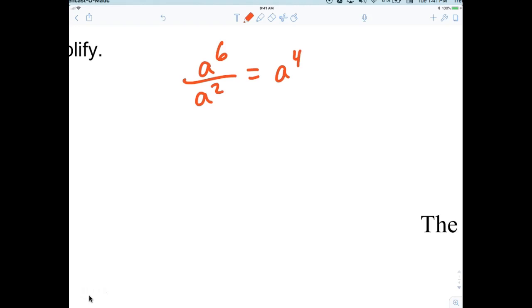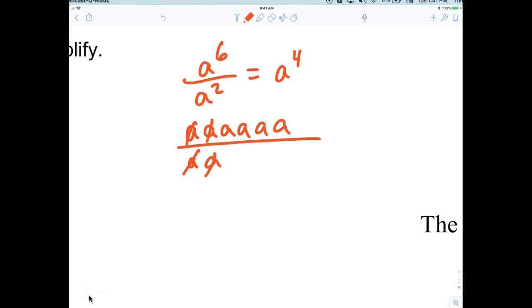This is what I want you to be able to do. A to the 6th means a times a times a times a times a times a. Everybody agrees with that, right? And then a squared means a times a. Now, what is a divided by a? Come on now. 1. Anything divided by itself is 1. What is this a divided by this a? 1.